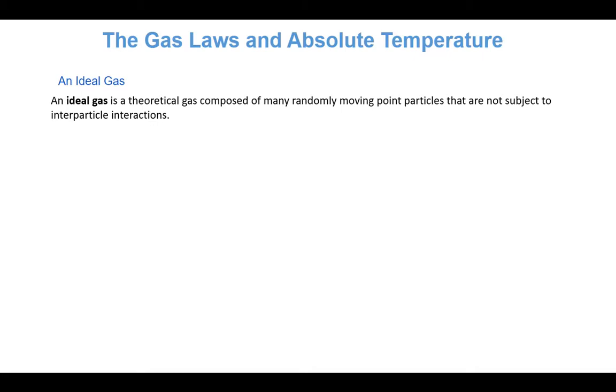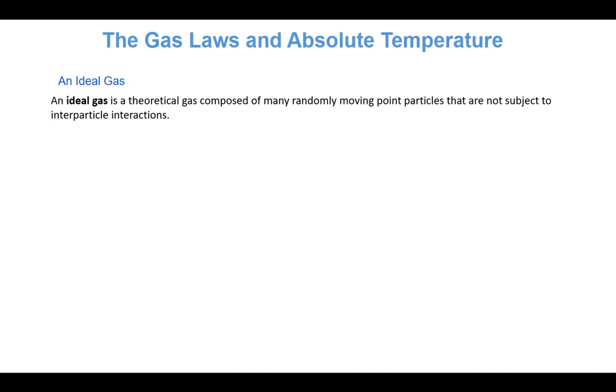It's a theoretical, imaginary gas which is used for assumptions in the labs when doing experiments. We imagine that every gas that we deal with in the lab is an ideal gas. That's why we use the ideal gas laws.